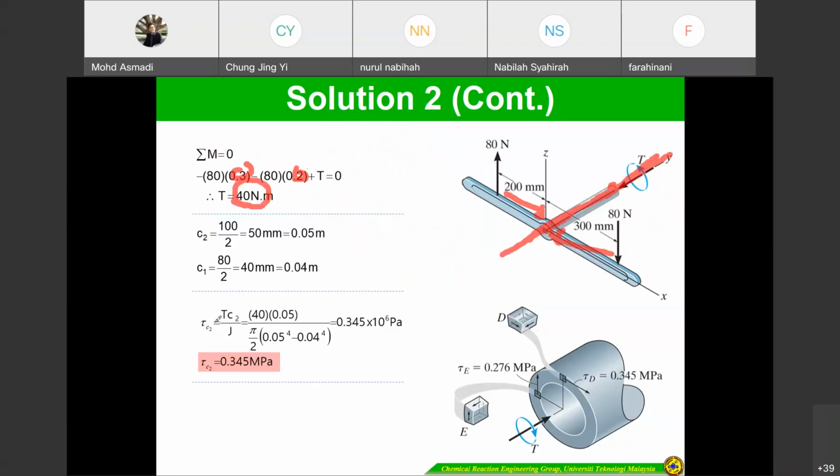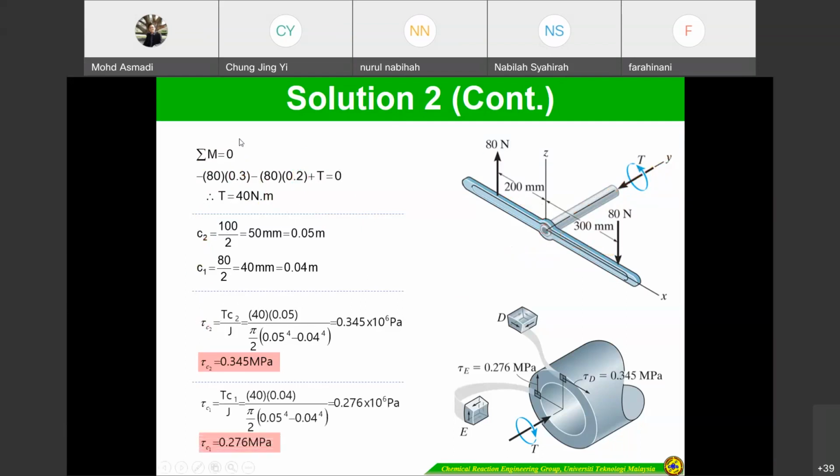We have to calculate the radius, and then we calculate TC2 and also TC1, by using the force or moment that we already calculated. So this is the answer for the shearing stress.